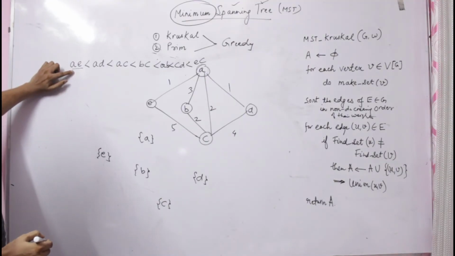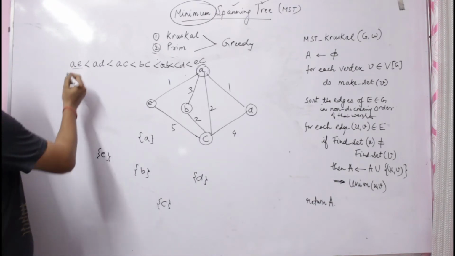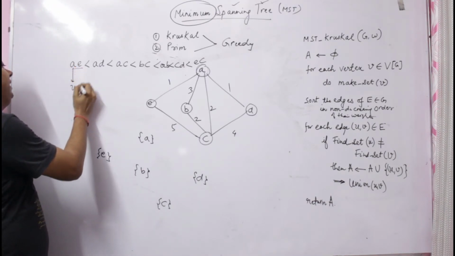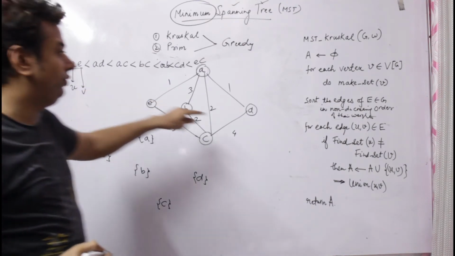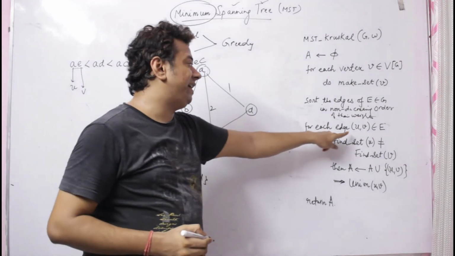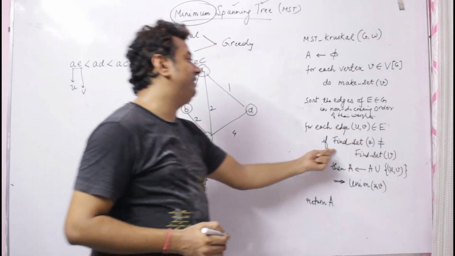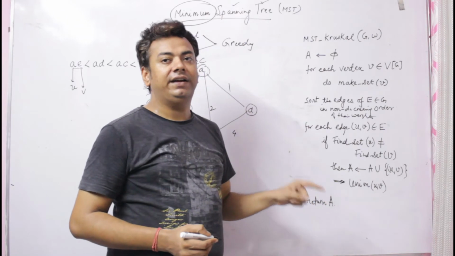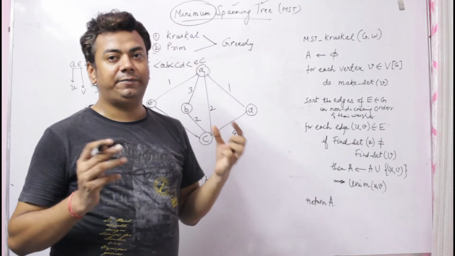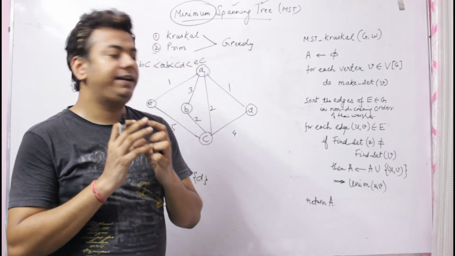Now first we will pick this edge AE. In this AE, A is U and E is V. For each edge UV, find the set of U and the set of V and compare them. If they do not match, it means both are not in the same set.